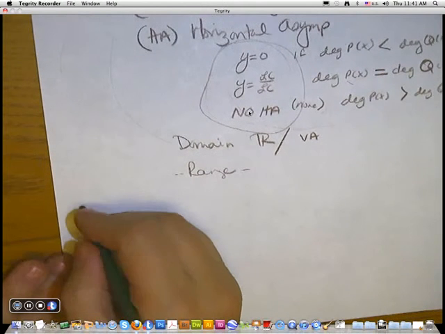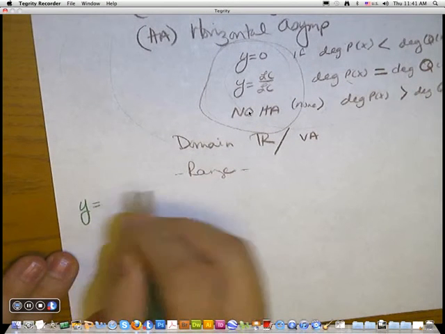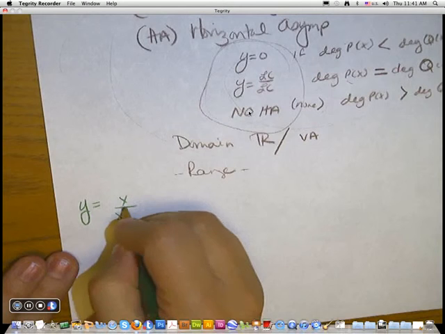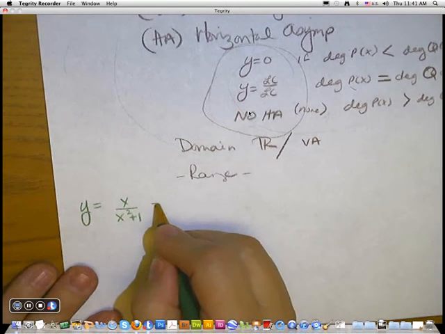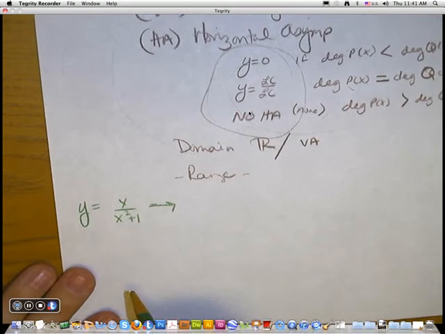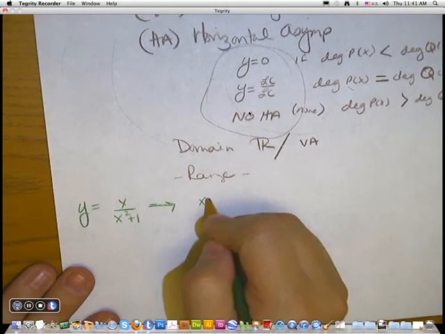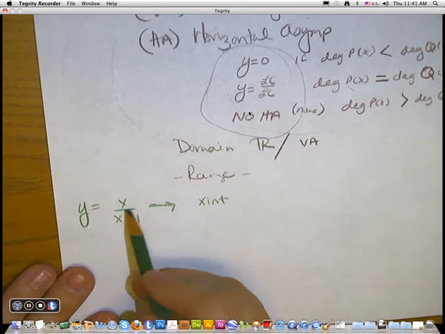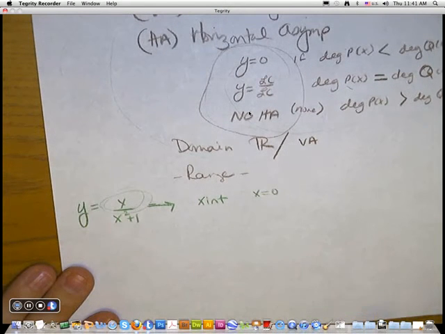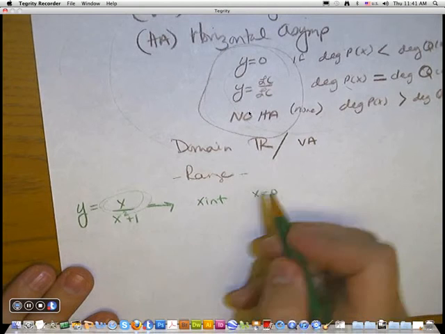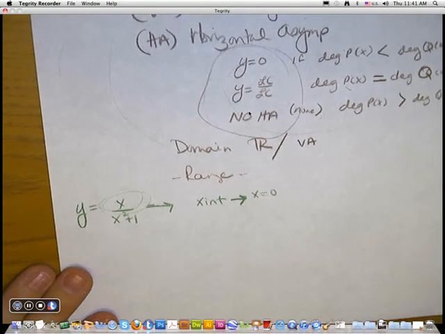Okay, so let's look at, first of all, y equals x over x squared plus 1. When I'm starting here, first thing I'm going to do is find my x-intercepts. The x-intercepts are when the numerator is 0. Well, x is 0, so the x-intercept is at 0.